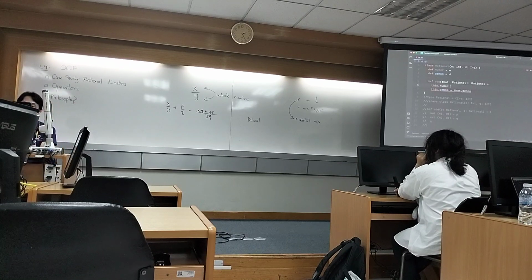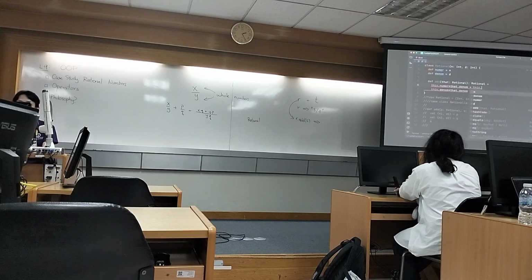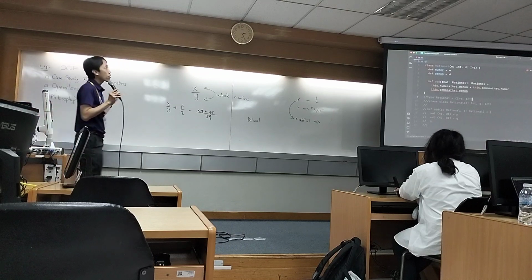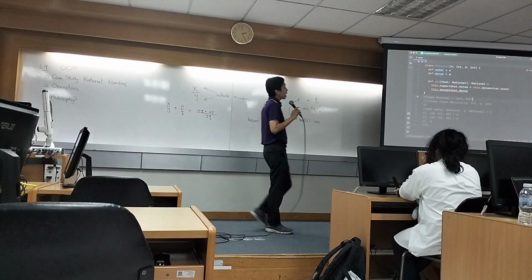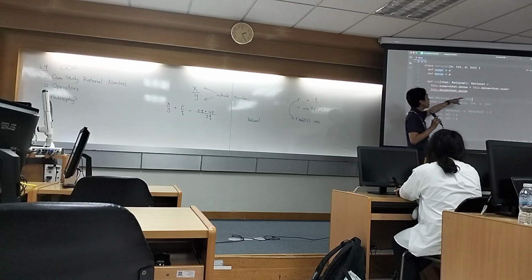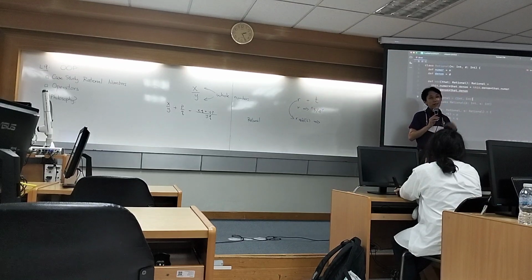This dot numer times that dot denom plus... Okay. Now that we have all the pieces, how do I return rational, irrational?